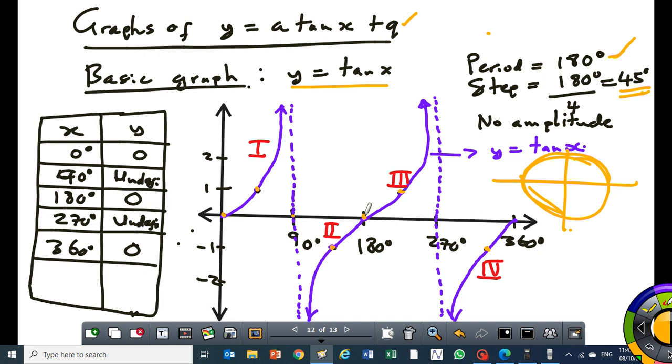Then, when you get to the fourth quadrant, tan becomes what? Negative. Now, if you look at this curve here, the y values are negative, in line with the sign of tan in the fourth quadrant. Now, that applies even to the graphs of sine and cosine. It also applies to the graphs of sine and cosine.